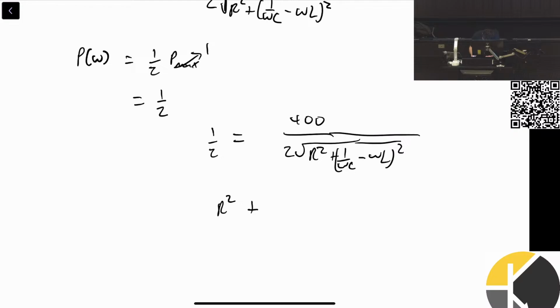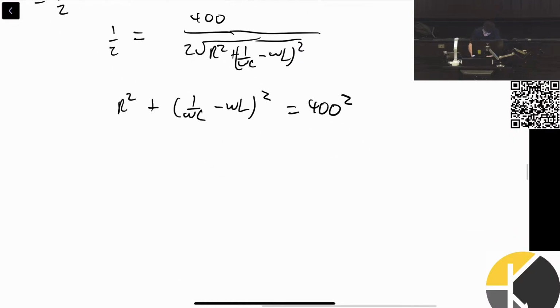We can square both sides, times both sides by 2, and times the denominator to this side, and we get R squared plus (1 on omega C minus omega L) all squared is equal to 400 squared. Is everyone happy with that so far? Okay. Then we get (1 on omega C minus omega L) all squared equals 400 squared minus R squared.